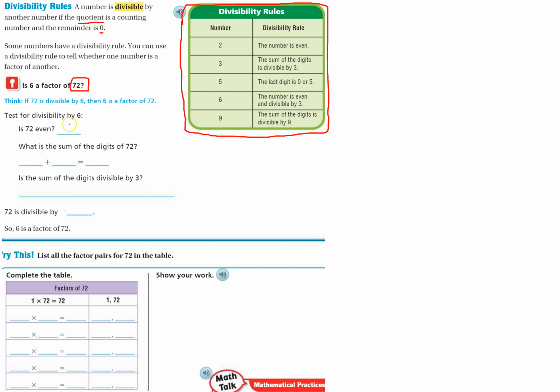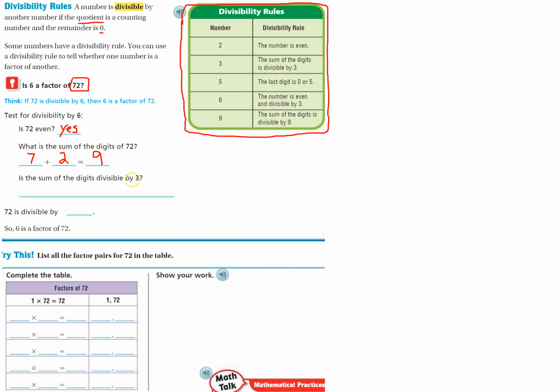Okay. Test for the divisibility of 6. Is 72 even? Well, we already said that. Yes. It's got a 2 in the ones place. What is the sum of the digits? Well, 7 plus 2 is 9. Is the sum of the digits divisible by 3? The sum is the answer to an addition problem.